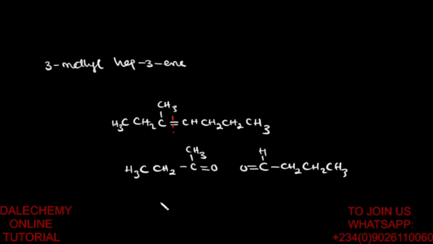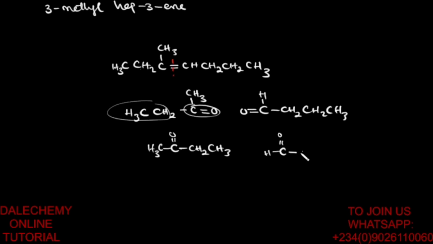When you look at this, it is actually C double bond O, with CH3 attached to it, and also CH2CH3. And here we're having C double bond O, a hydrogen, and also a propyl group attached to it.